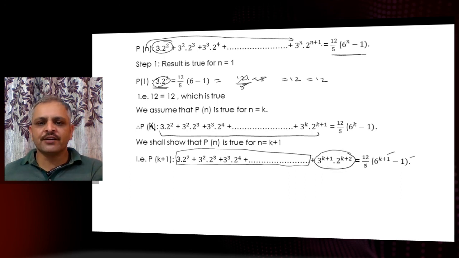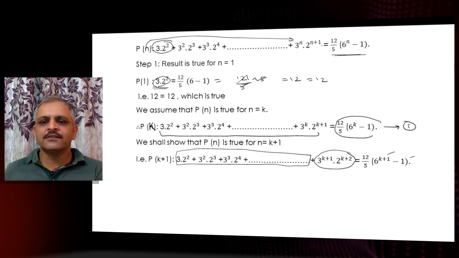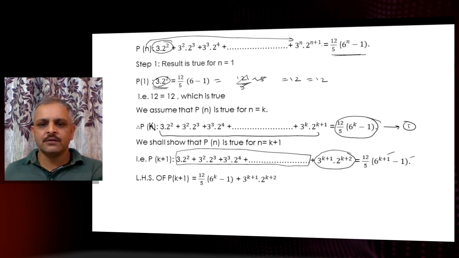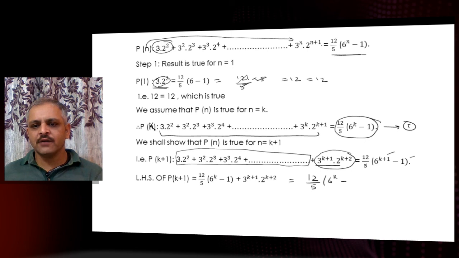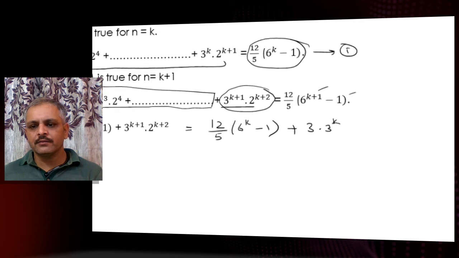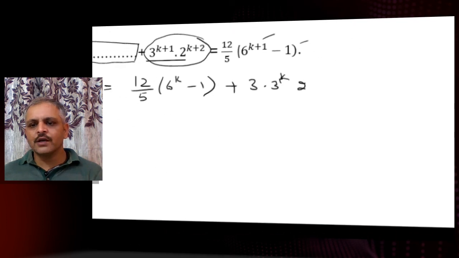So before that we have k terms. So I know this value by equation number 1. So let's put the value from this. This is equal to 12 by 5 into (6 raised to power k minus 1), plus this term. And if I simplify them, see how to simplify: 3 into 3 raised to power k, 2 square into 2 raised to power k.